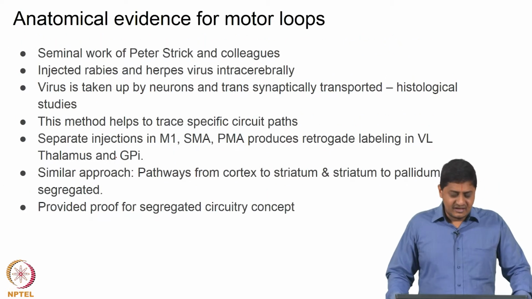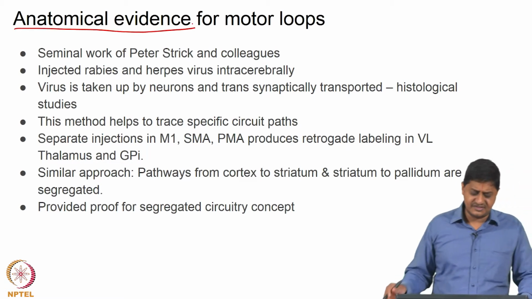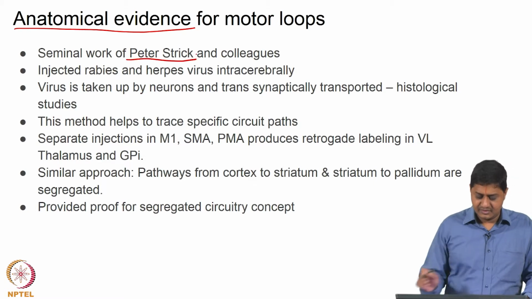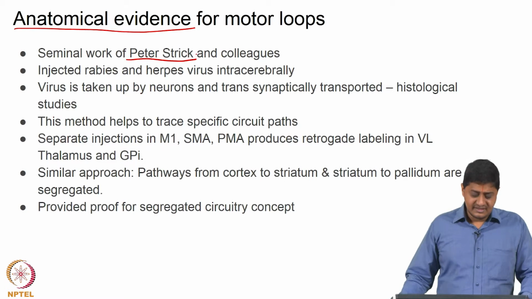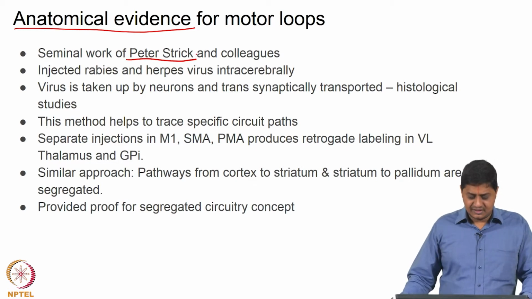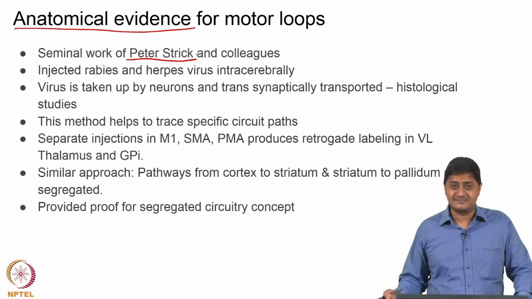The other way of studying this of course is anatomical evidence, right. How is this done? This kind of work was pioneered by Dr. Peter Strick and his colleagues. So, what they do is they inject rabies and herpes viruses intracerebrally, and it turns out that these viruses can be transported across synapses, right.